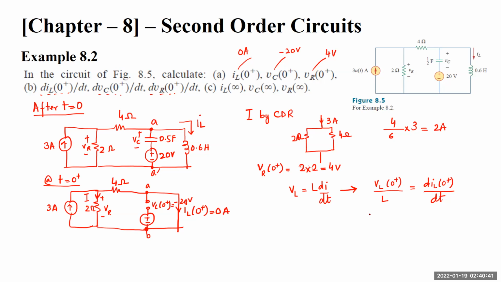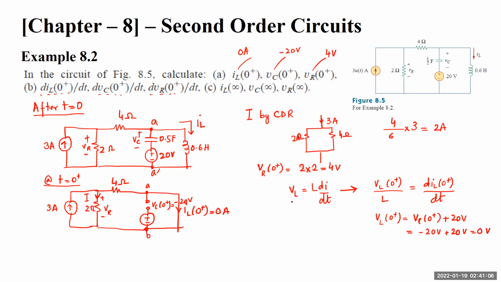So no change in voltage, and therefore VL 0 positive will be equal to... And if we are going to find out this value, it will be equivalent to VC 0 positive plus 20 volts, and VC 0 positive is 20 volts, so plus or minus 20 plus 20.